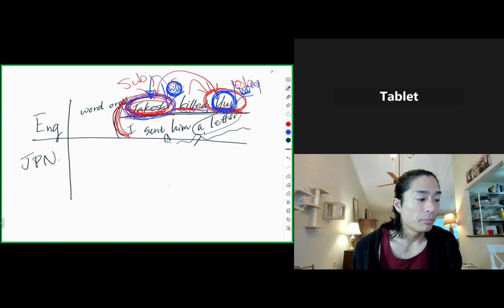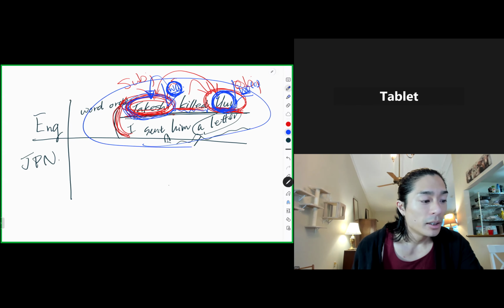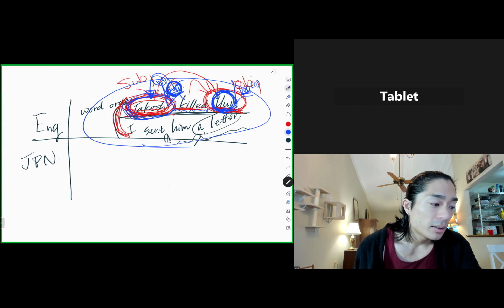Just like these examples that I shared. If you, for example, make a mistake and put the particle that signifies the object on Takeshi, then you're making Takeshi be killed. If you put wa here, then you're making Yui the subject of the sentence, right?